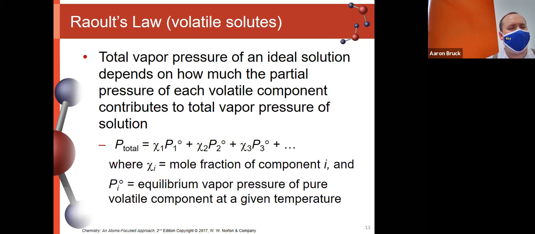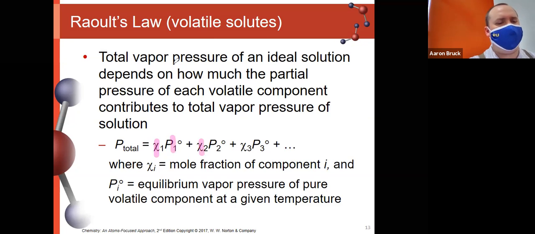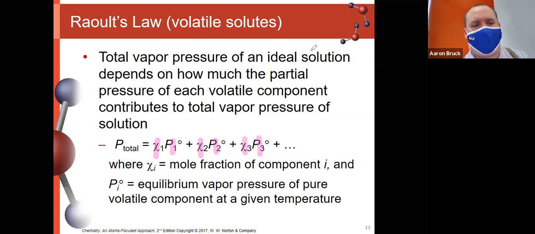Dress this up a little bit different, and this would look exactly like the average mass calculation that we used to do in chapter 2 for the periodic table. In that case, it was proportion times mass, proportion times mass, proportion times mass, added up all together. Here, it's proportion times pure pressure, proportion times pressure, proportion times pressure, added all together.